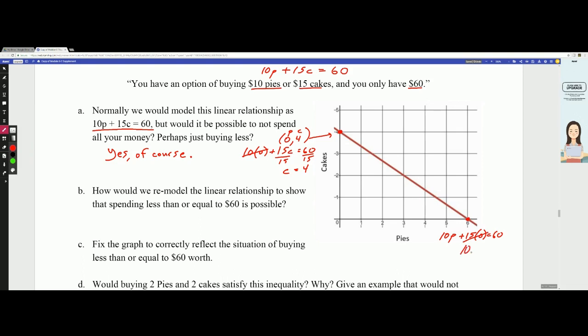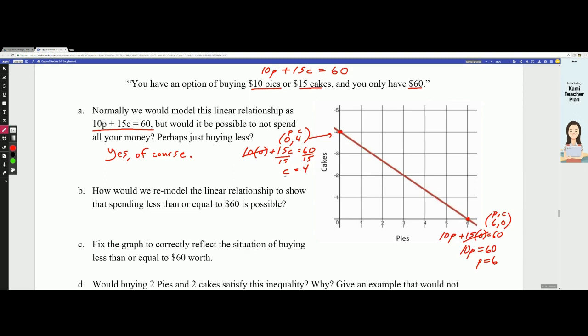All you have left is 10p, $10 per pie, equals 60 bucks. Division property, and p equals 6. So this is 0 cakes, and when you don't want any cakes, you can only afford 6 pies.